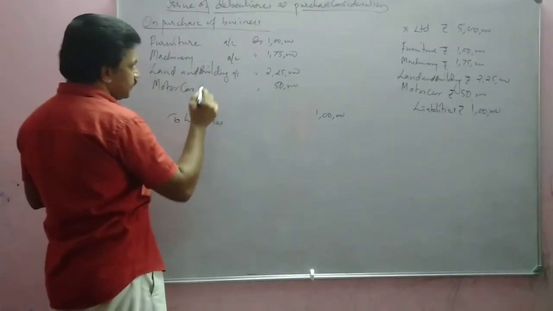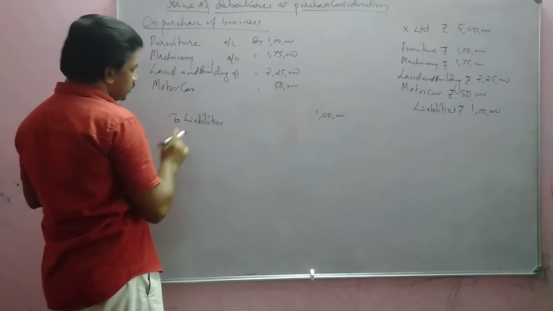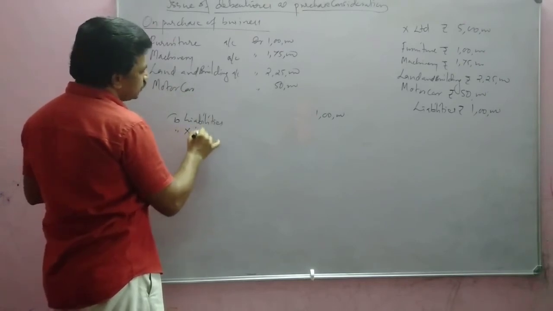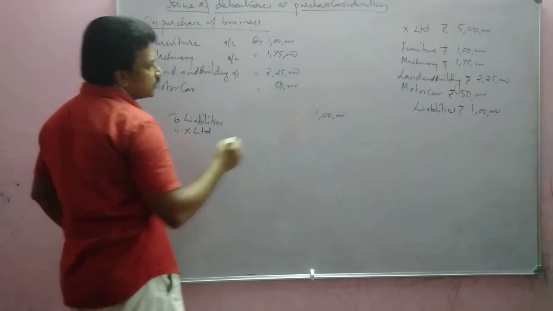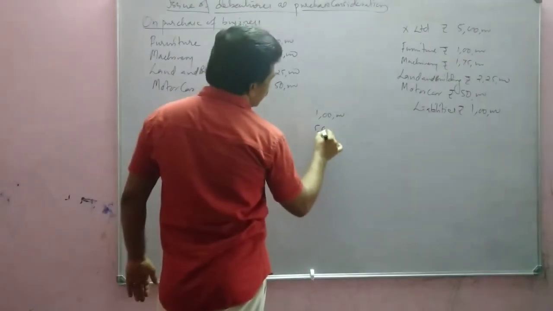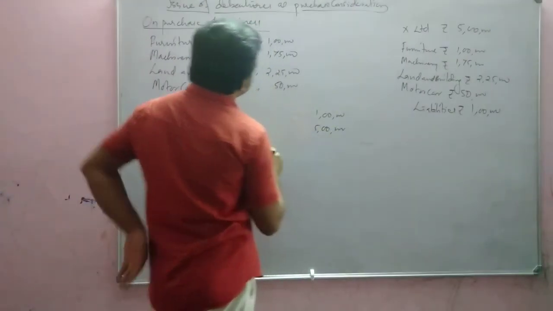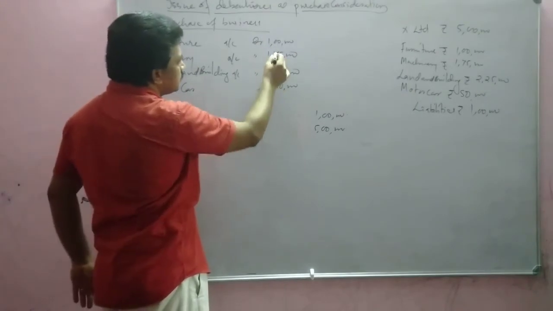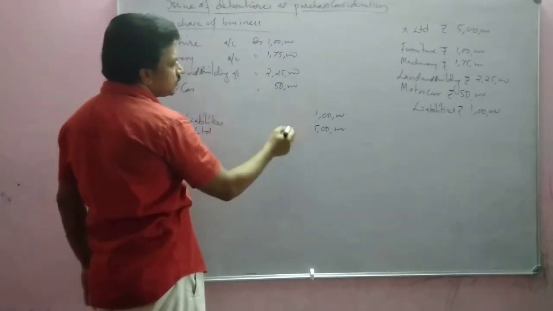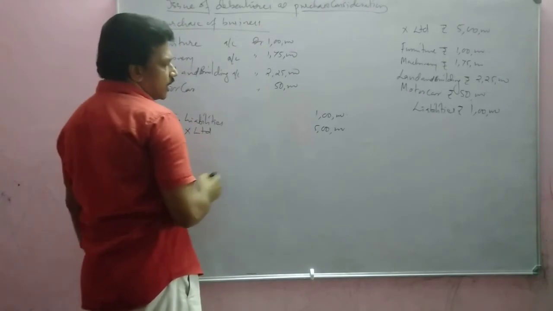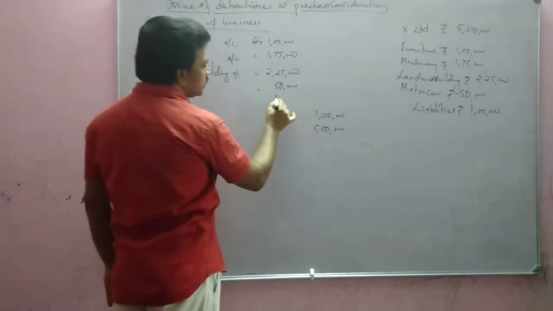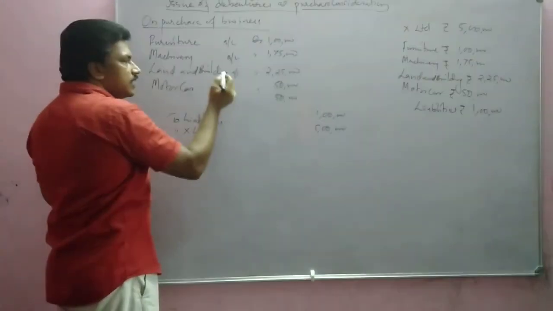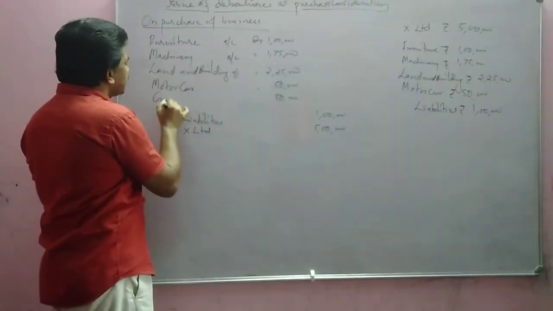Then we are paying purchase consideration. That purchase consideration should be given to X Limited. So X Limited, how much? 5 lakh. Here it is 5,50,000. Here it is 6 lakh. So where is the shortage? Here is the shortage. If shortage comes on the debit side, we will write it as goodwill.